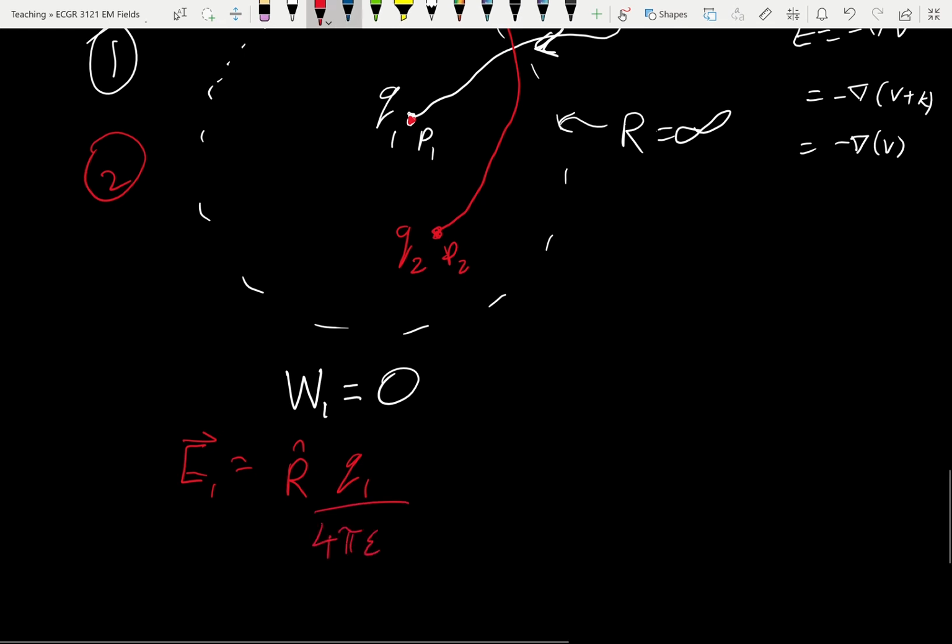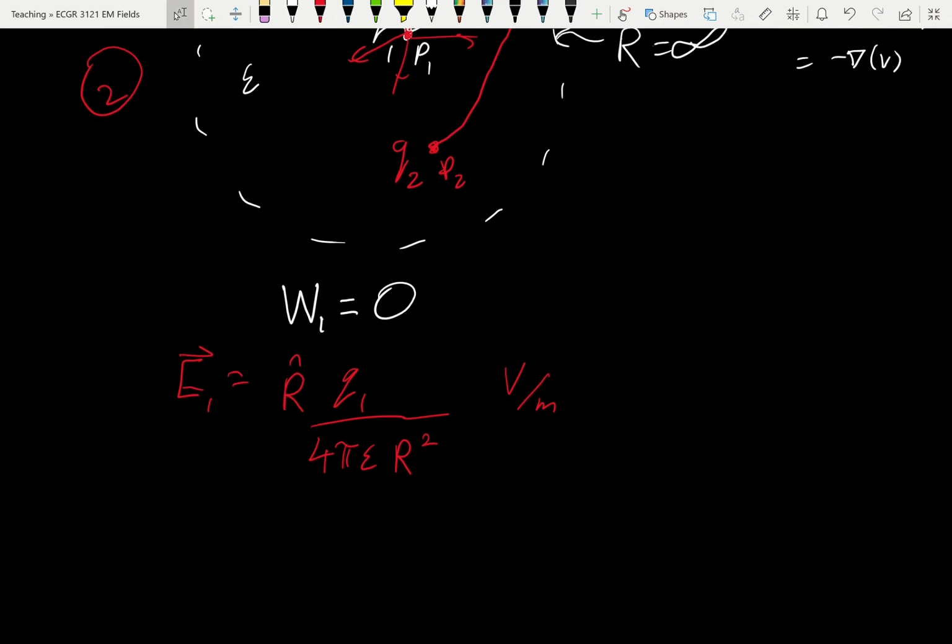I'm going to assume that the material has permittivity of epsilon, so it's general; it doesn't have to be epsilon naught. So that's the field emanating from Q1. It depends on how far we are from Q1.